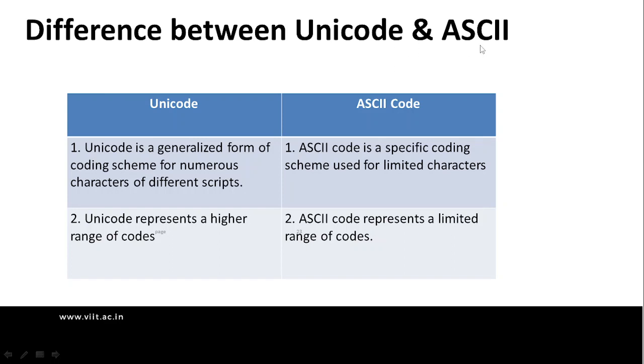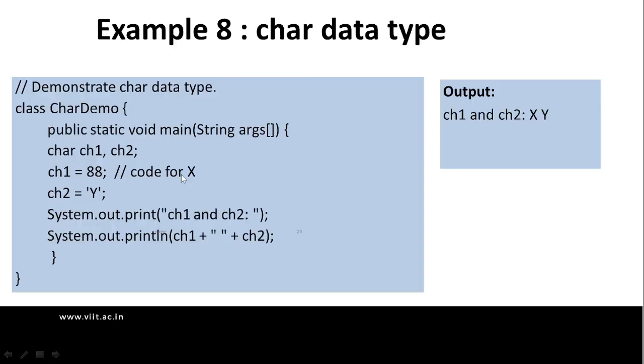Difference between Unicode and ASCII. Unicode is a general form of coding scheme for numerous characters of different scripts, whereas ASCII is a specific coding scheme used for limited characters. Unicode represents a higher range of codes, whereas ASCII represents a limited range of codes.